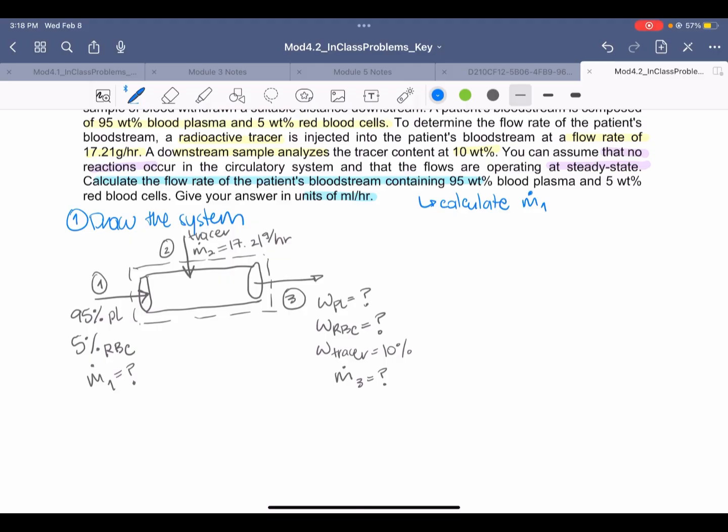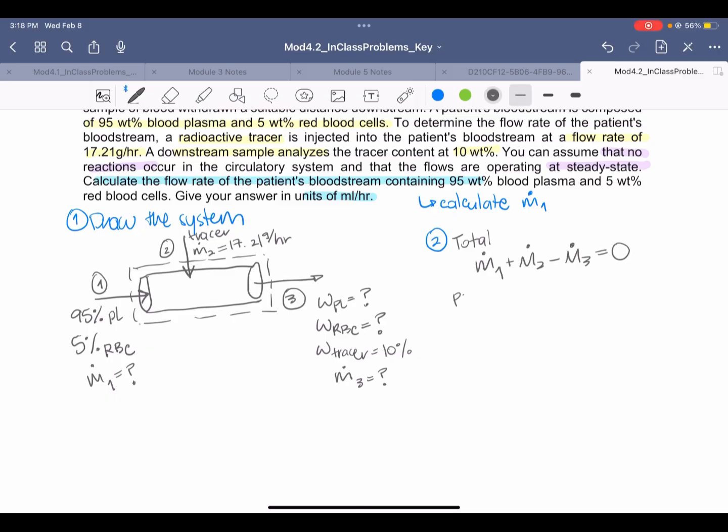Okay, so the next thing I am going to do is set up my accounting equations. For the total mass, it would be M1 plus M2 minus M3 is equal to 0. And I'm going to do the same for every species.